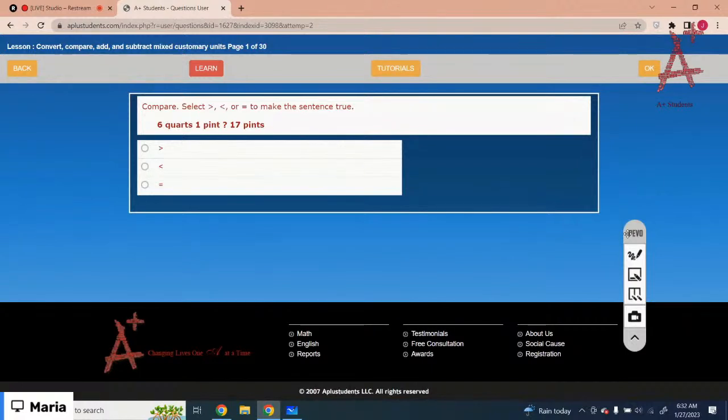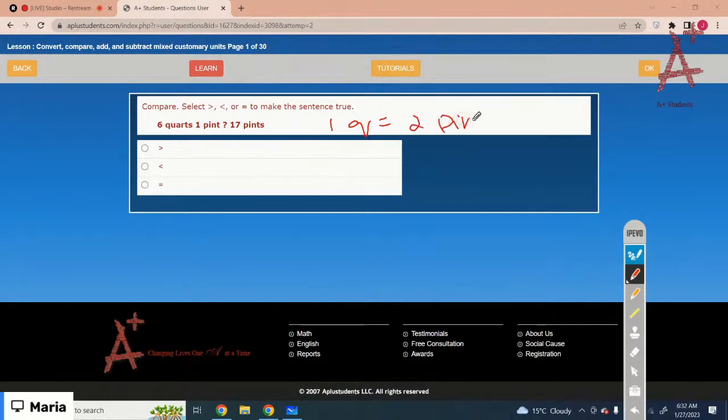So let's just see how quarts convert to pints. In 1 quart we have 2 pints. Got it? Then 6 quarts equal 2 times 6, that would be 12 pints. You already have 1 pint, 12 plus 1 makes 13 pints. We are comparing 13 to 17.